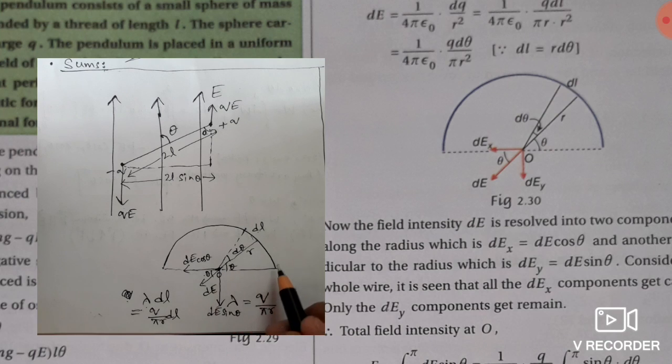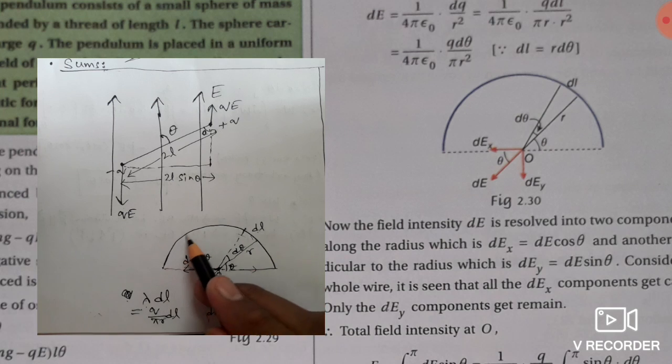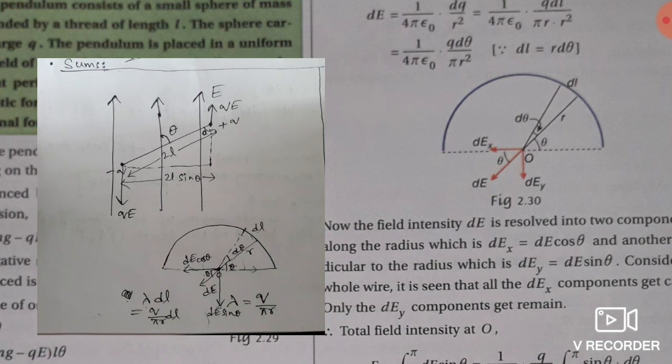But for the whole arc the dE cos theta components will cancel each other, because on the other side also we will get dE cos theta for all the elements. Only the dE sin theta component is left. So we will integrate dE sin theta over the whole arc, where the value of theta goes from 0 to 180 degrees, that is pi.